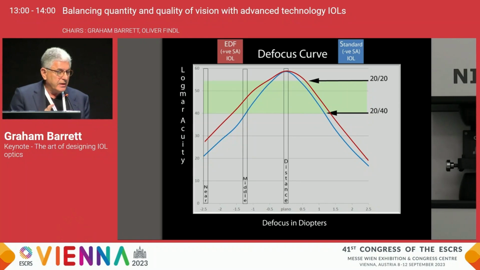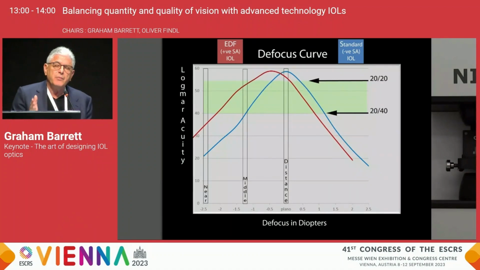So you look at the logMAR acuity from -2.5 to +2.5 diopters in half diopter steps. You can see the extended range of focus of the positive spherical aberration EDF IOL as compared to a standard negative spherical aberration IOL.